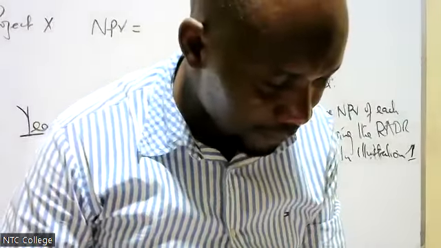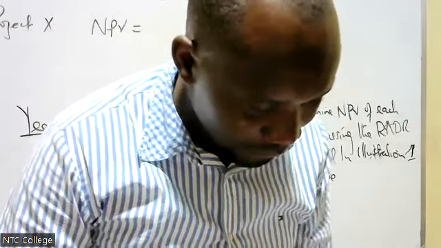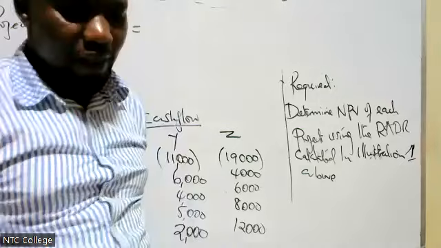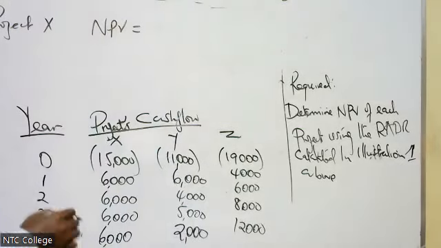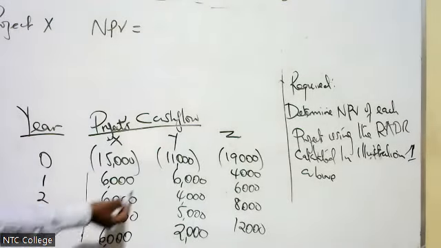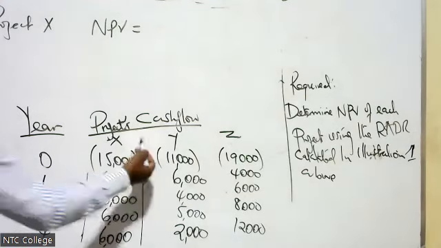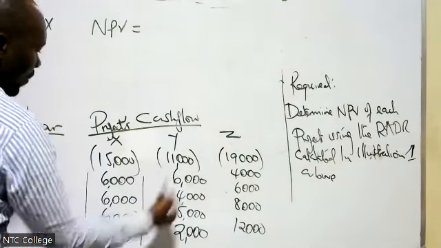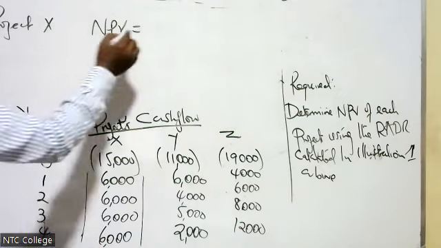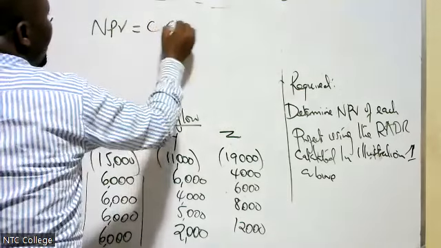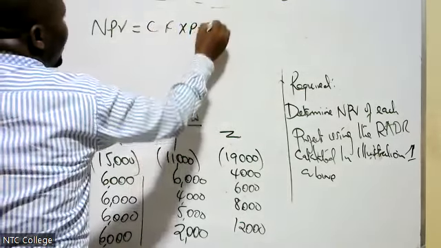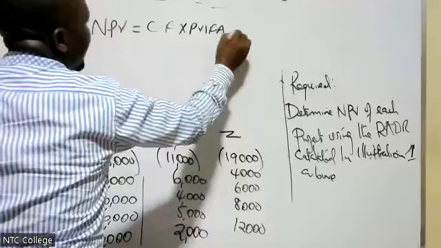Project X is having regular cash flows. You do them separately. These are projects. So you say NPV is equal to cash flow times PV for 15%.